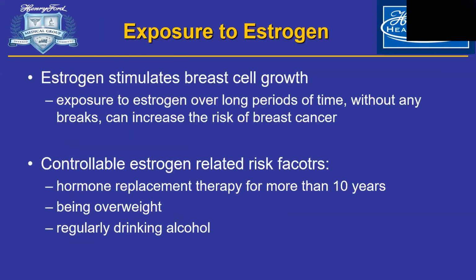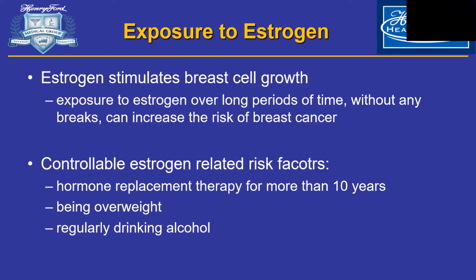So a little bit more about estrogen. How does this work? Estrogen stimulates breast cell growth. Because this female hormone stimulates breast cell growth, exposure to estrogen over long periods of time without any breaks can increase the risk of breast cancer. Some of the risk factors that we can control in regards to estrogen exposure are hormone replacement therapy, which has been shown to increase your breast cancer risk with 10 consecutive years of use.